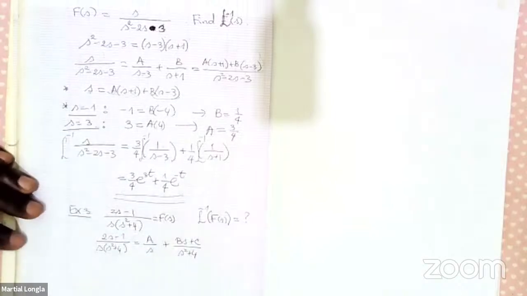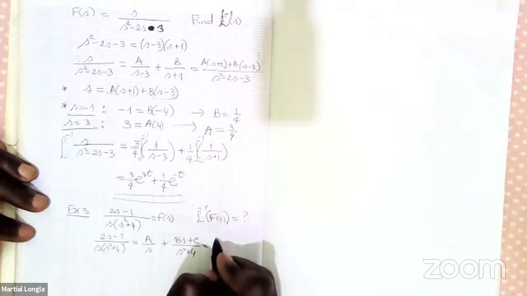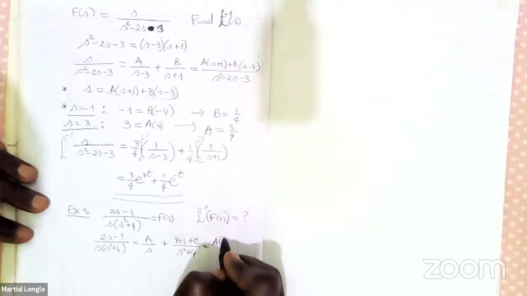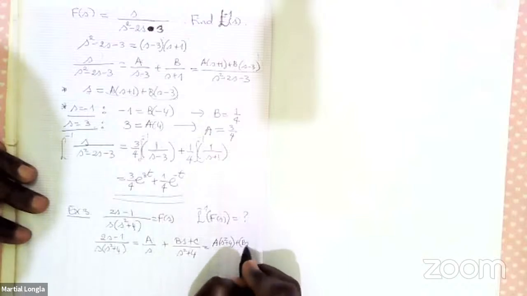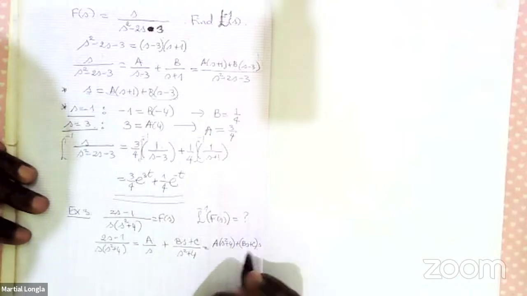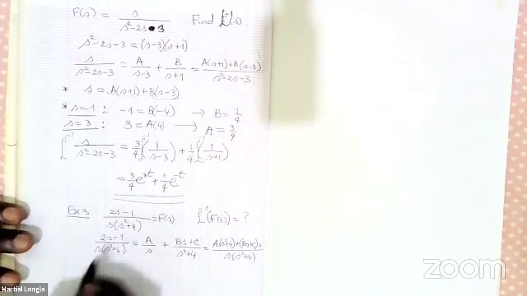And then again, same thing, common denominator, add the things. Here you're gonna get a times s squared plus 4 plus bs plus c times s over s times s squared plus 4. Again, you identify the numerators.